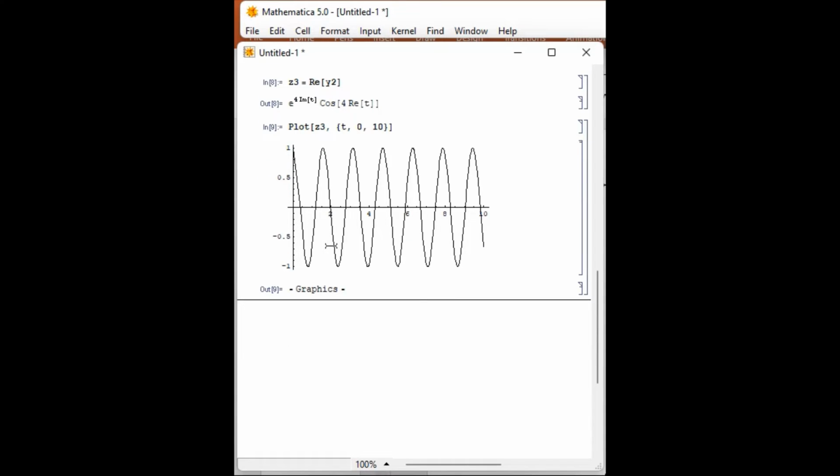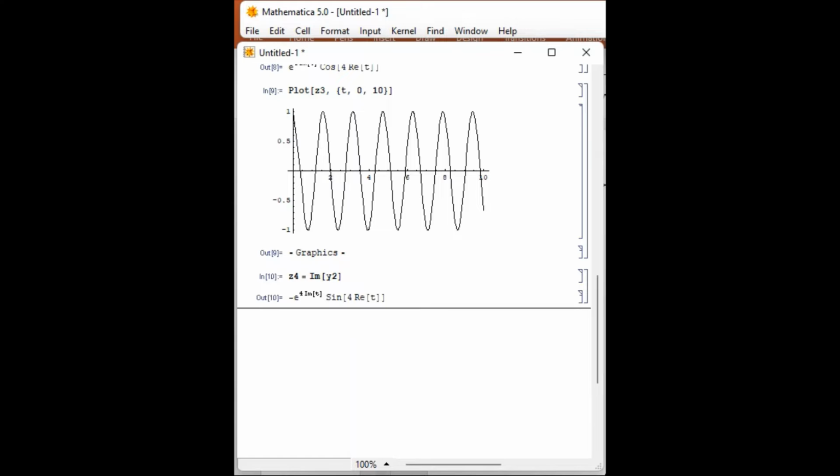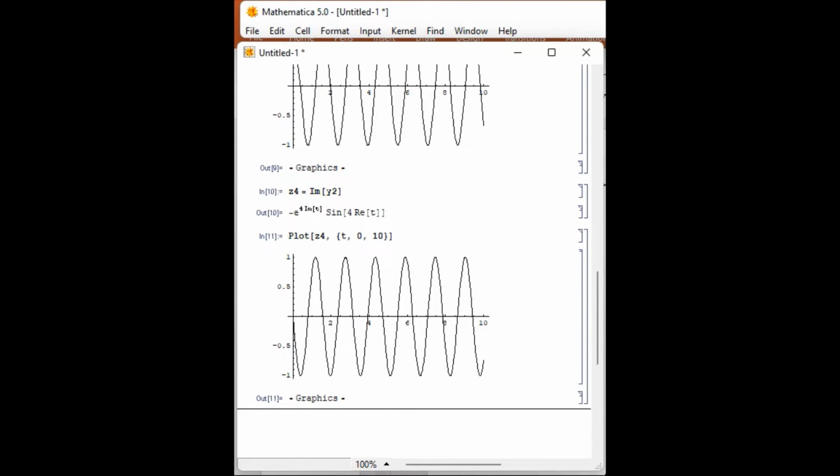Now z4 is imaginary part of y2 and plot z4, t is same from 0 to 10. Got it.